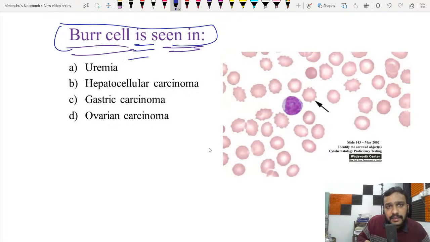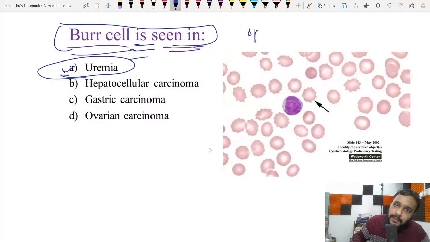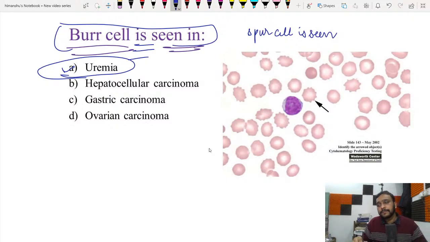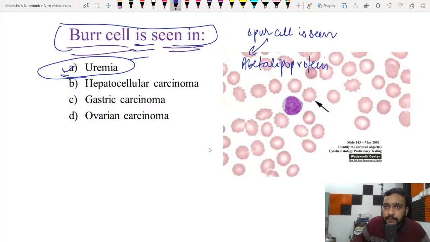Burr cell is seen in uremia, and spur cell is seen in abetalipoproteinemia.